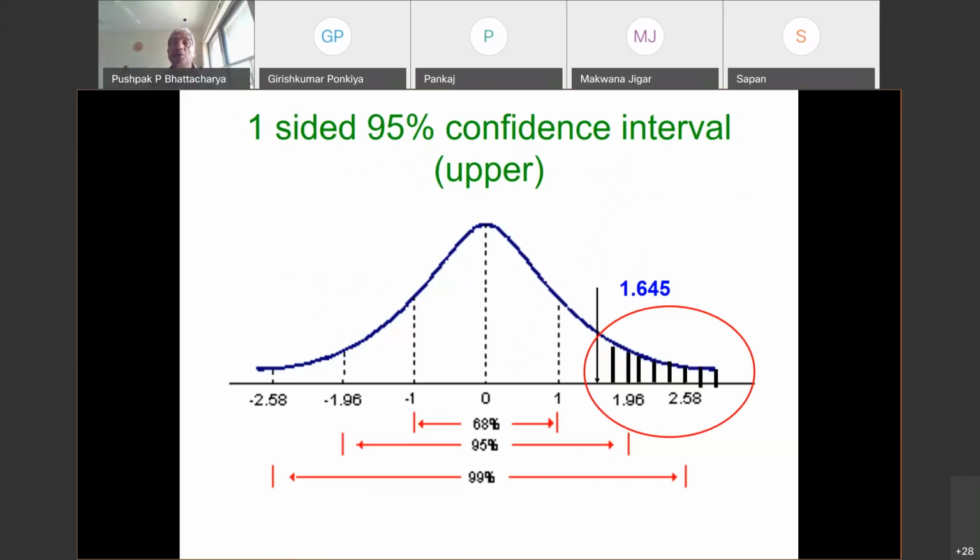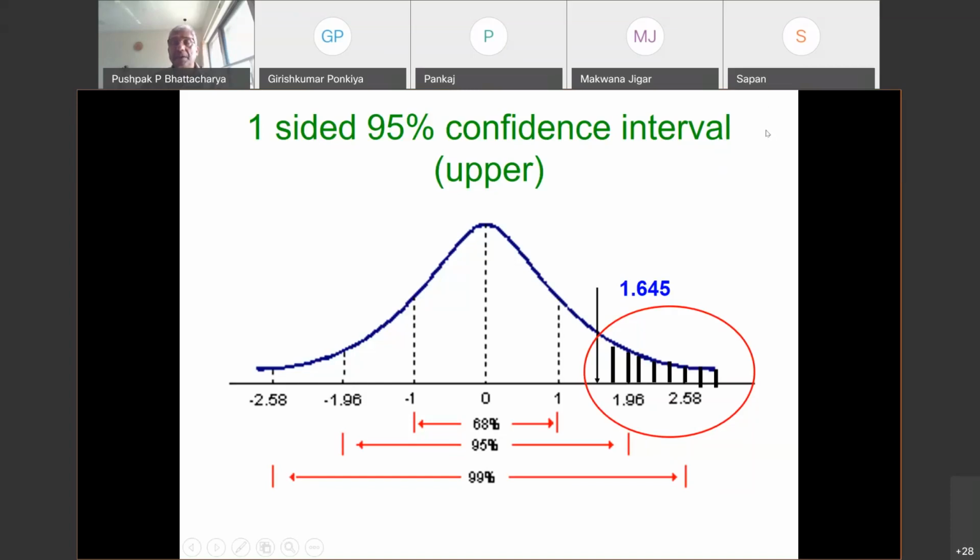Now, a more practical situation is what is called the one-sided interval, the upper interval and lower interval. Suppose I want 95% confidence. Then what is the Z critical if I consider only the upper interval? That means only the region from Z critical to plus infinity.